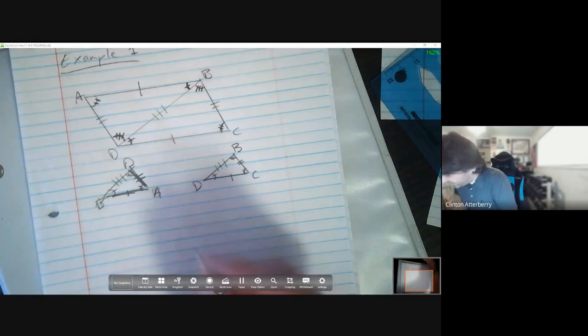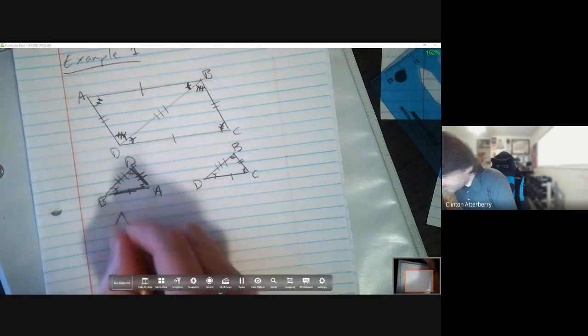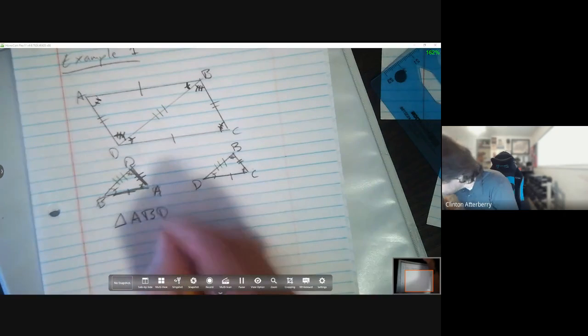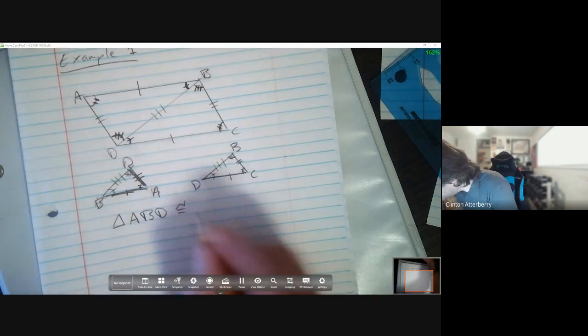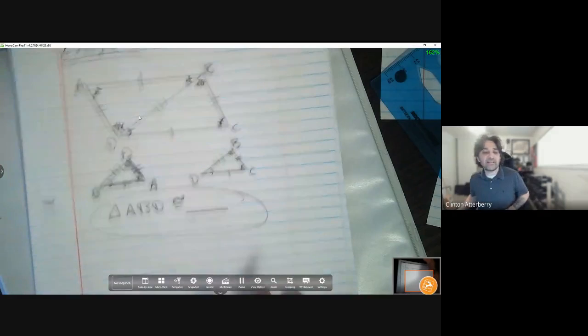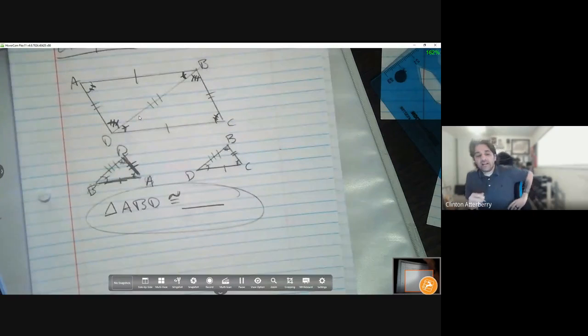So what's going to happen for you guys is they're going to say something like this. They're going to have you fill in the blank. They're going to give you a picture like this, and they're going to tell you, hey, these two triangles are congruent. This is one style of question they can ask. But here's the thing.